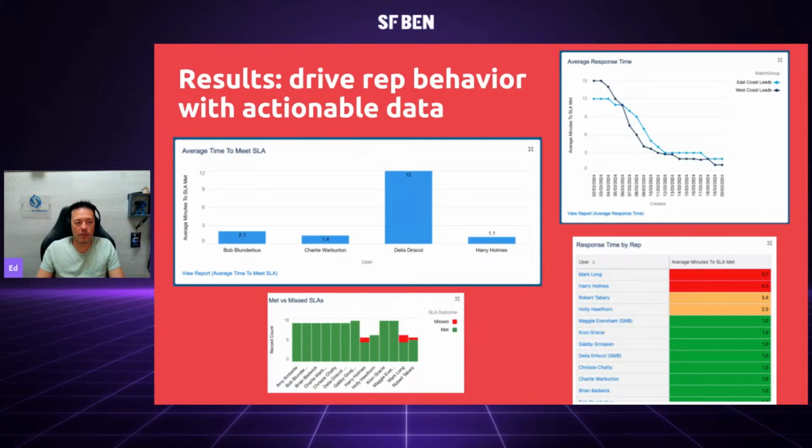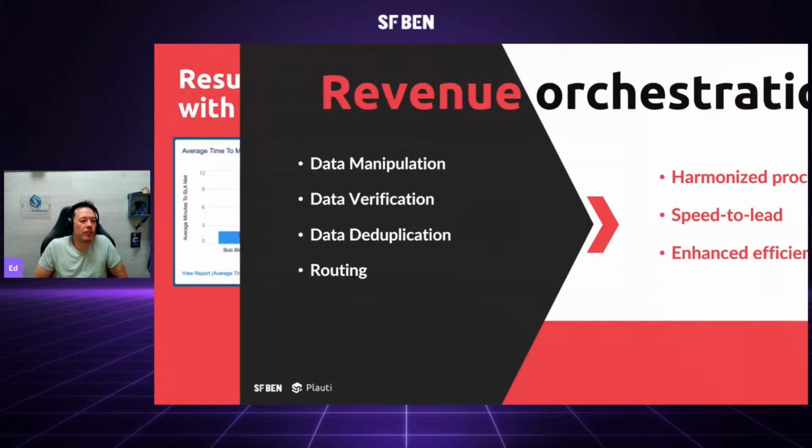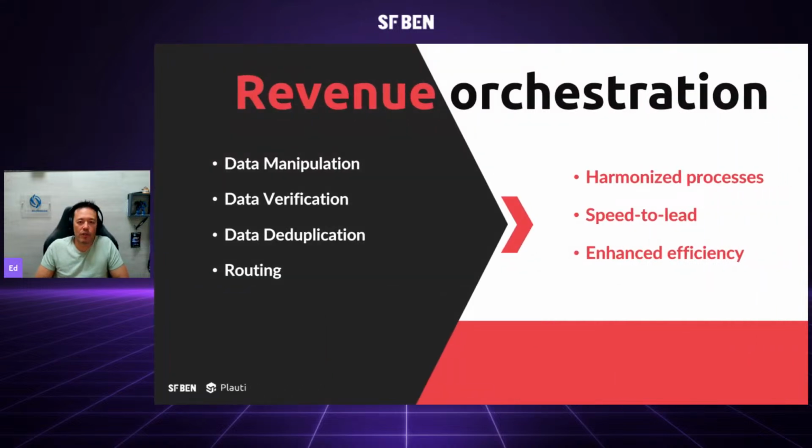It's when you start to bring apps like this together with other best-in-class apps that do things like data validation, data deduplication, enrichment. As soon as you start to assemble these apps together in a strategic way to improve your revenue, improve the bottom line, we start getting into this thing we call revenue orchestration.